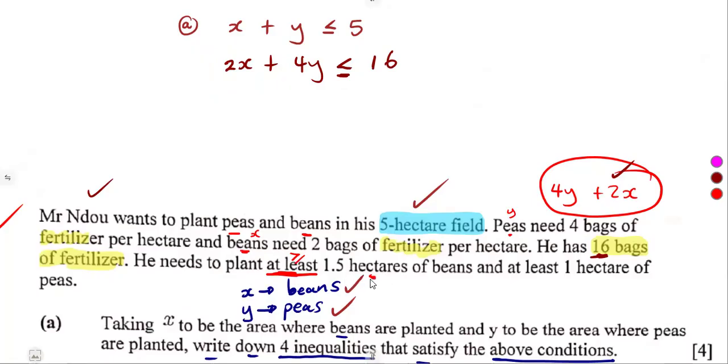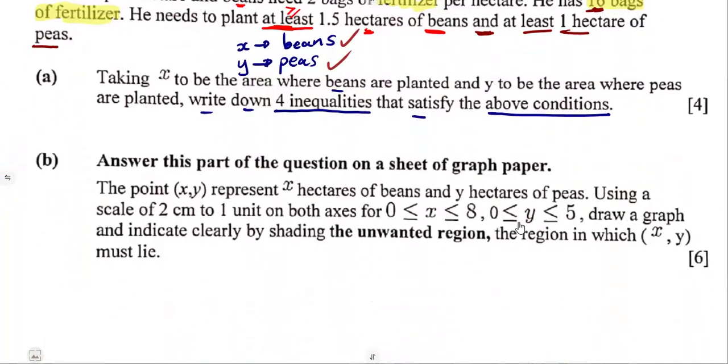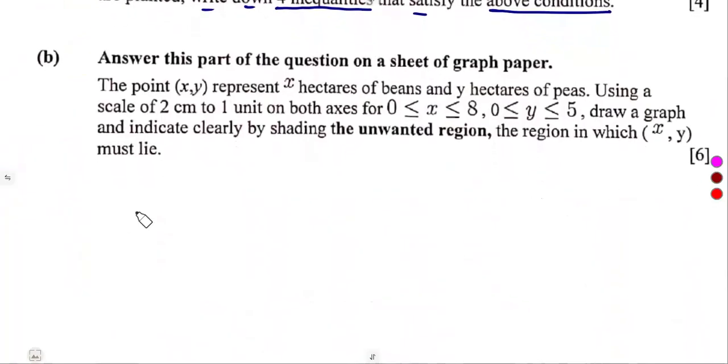At least 1.5 hectares of beans, where beans is X. So X must be greater than or equal to 1.5. And another one, at least 1 hectare of peas, which is Y. So Y must be greater than or equal to 1. So these are the 4 inequalities that were needed. Then answer this part on B.